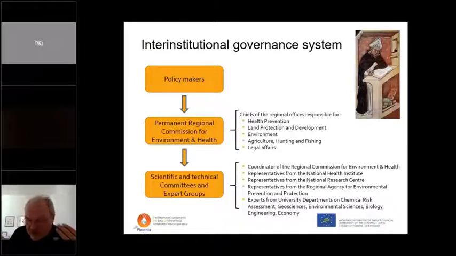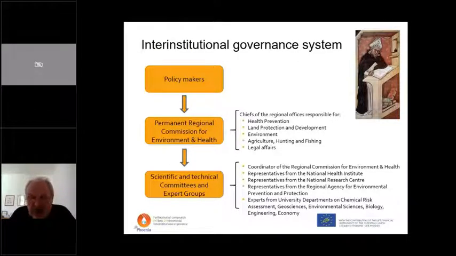Of course, at the top we have the policy and decision makers, the politicians, but they have to be supported in their decisions by a permanent regional commission for environment and health, which includes all the government institutions with all the operative agencies, that must carry out integrated risk assessment and elaborate mitigation actions to be submitted to the policymaker for taking decisions.